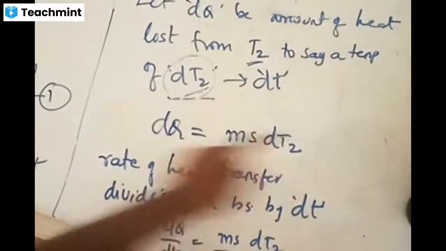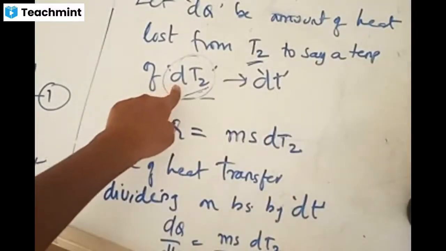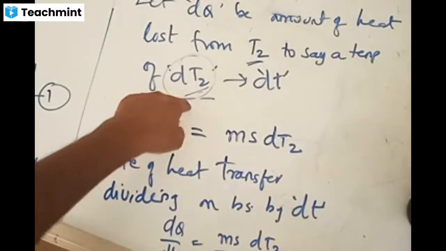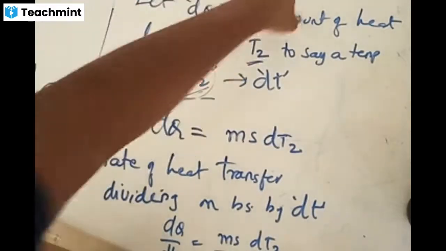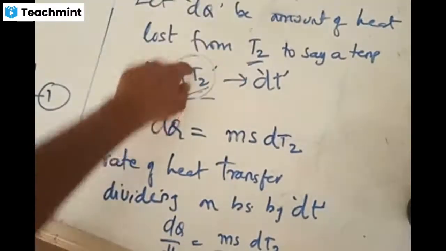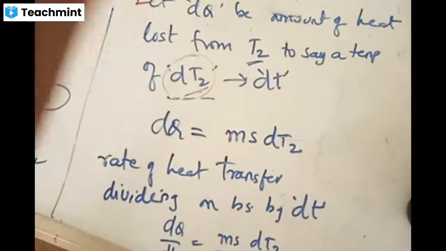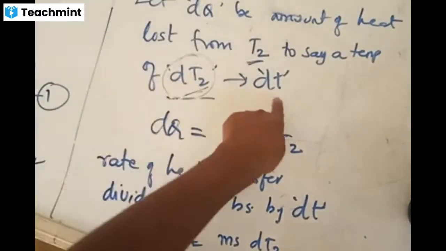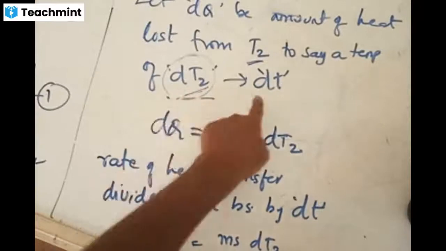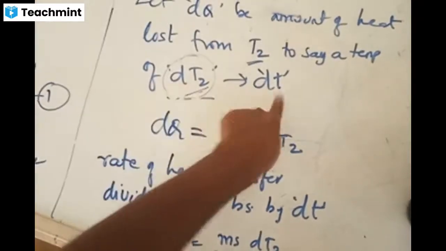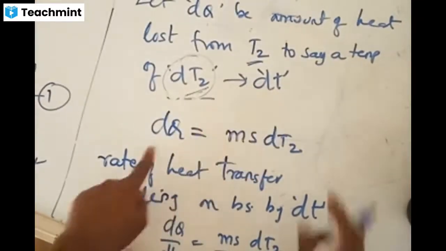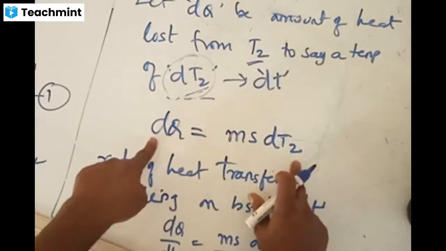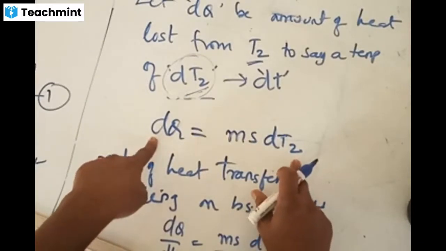That difference of temperature, dT2, is a small change of temperature. Delta T is T2 minus T1, but dT2 is a small change of temperature from T2 to a new value, taking place in a time of dt. For this change of temperature, this is the change of time. So the equation is divided by dt on both sides.